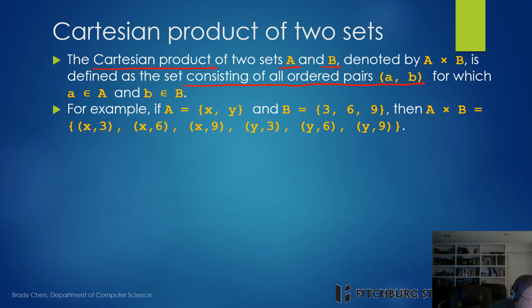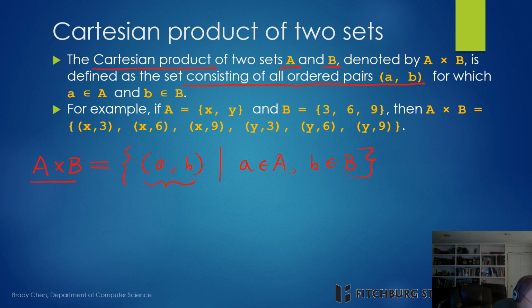So that means we're going to create a new set which consists of all the ordered pairs (a, b), where a belongs to set A, and b belongs to set B. So it's all the ordered pairs. We call this A times B, and that's the Cartesian product.